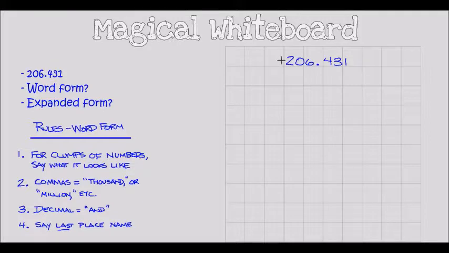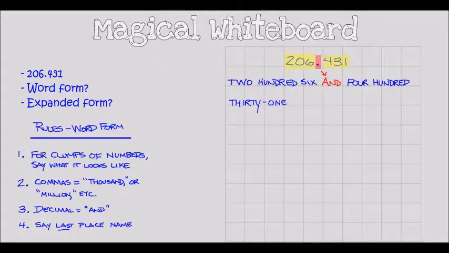This first clump looks like a 206, so I would say 206. At the decimal point, I don't say the word point, I say the word and. At this next clump, I say what they look like. They look like a 431, so that's what I would say.